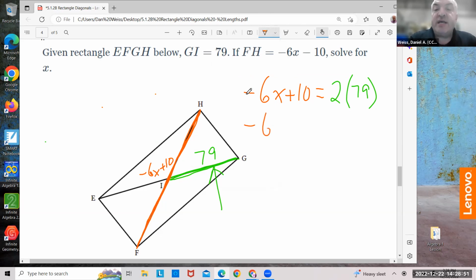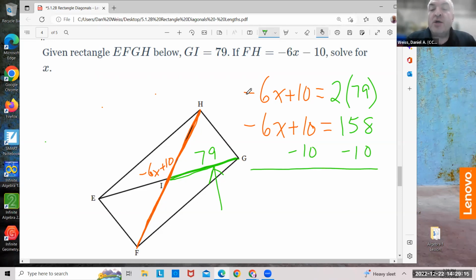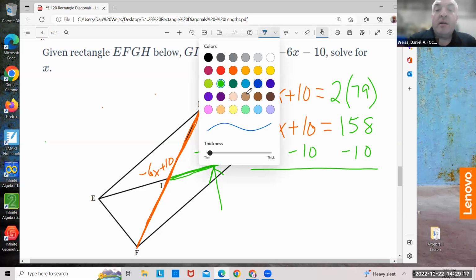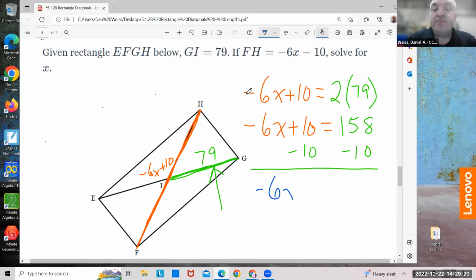Well, negative 6x plus 10 equals, what's 2 times 79? Well, 2 times 80 is 160. So 2 times 79 is going to be 158. All right, now what? Minus 10. You get negative 6x equals 148.